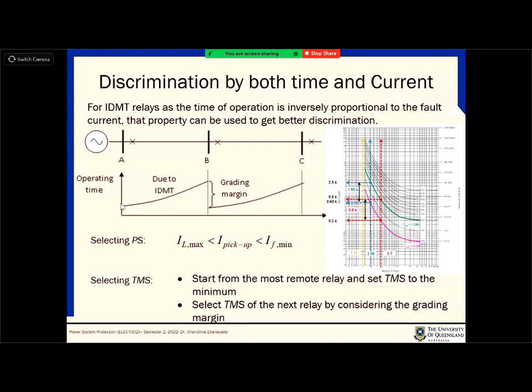Initially the problem was that the relays closer to the generator had longer operating times. Now we address that issue through this curve. See, again the time drops when you come closer to the generator.